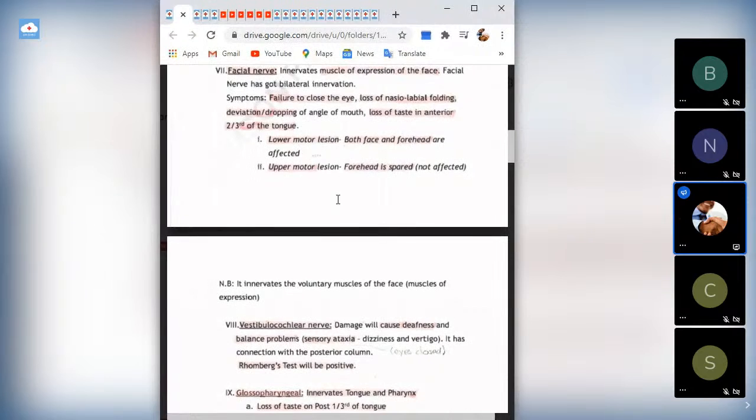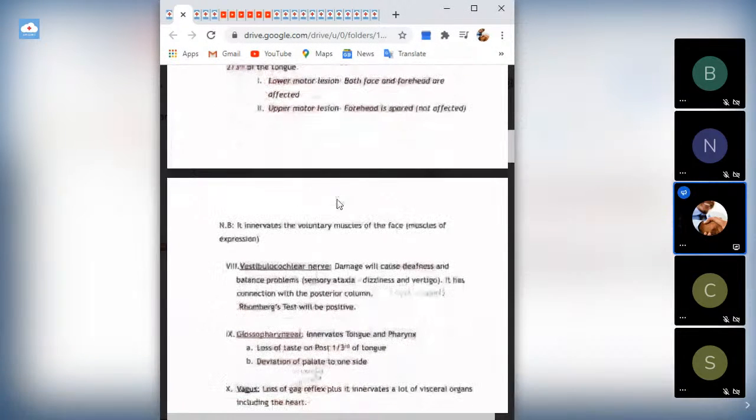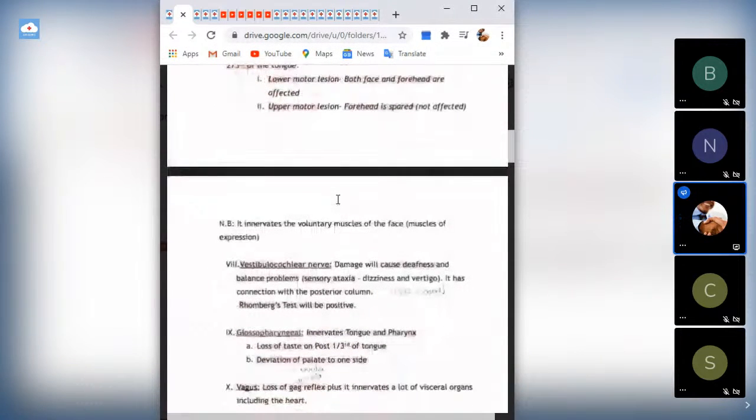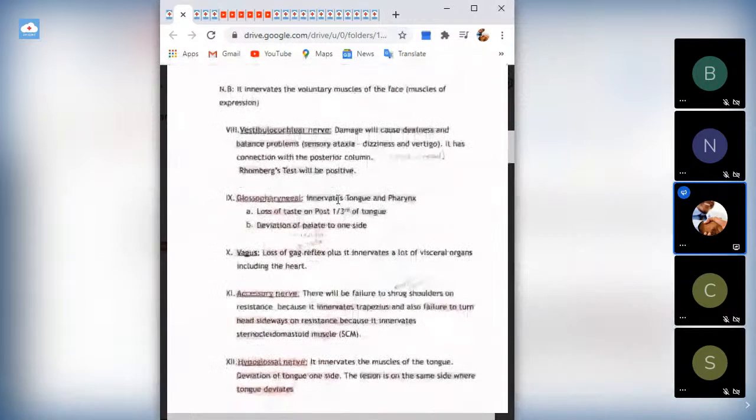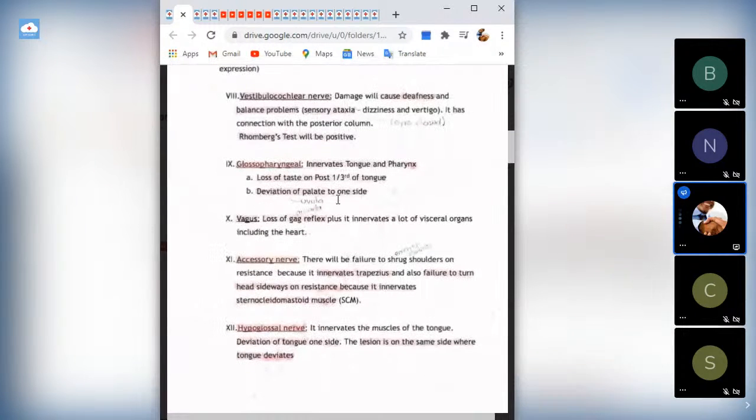Usually, they attribute it to viral origin anyway, but it follows an upper airway infection, upper respiratory tract infection, and all that, or gastroenteritis. So that's that about that summary. All right, so it invades the voluntary muscles of facial expression.